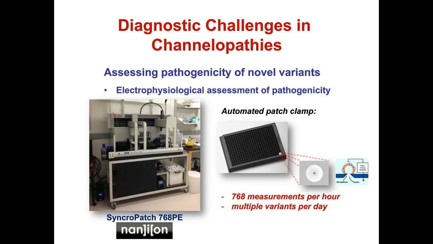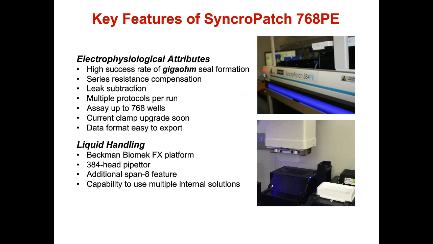There are several features of this instrument that convinced us this was the platform to go with. Without sounding like an infomercial, I just want to list those features here. We thought it was very important to have gigaohm seal resistances in the planar patch system, because of the high fidelity of the voltage clamp and high quality of the recordings that we're used to with manual patch clamp recording.